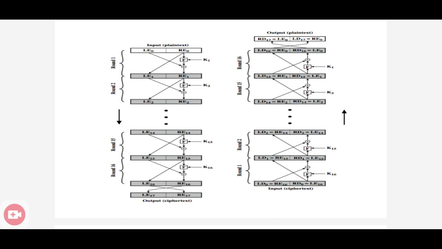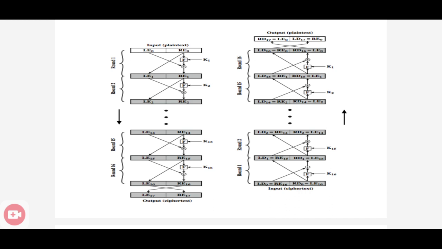Clear? Then the third step is to use a round function. What is the round function? F. Here in this figure F represents the round function. So the round function is applied on the right half, along with the key K1, the round key.